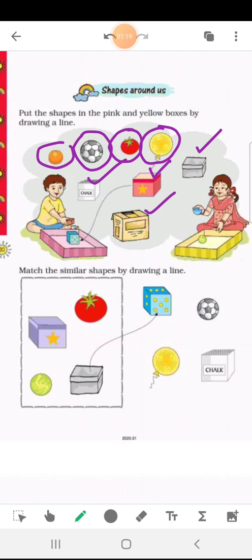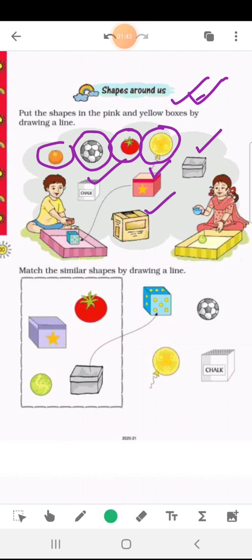If you look at this picture, if you look at the pictures of your book, you can see that two types of shapes are there. One is round and another one is cube. So let us see here what the shapes are and what their names are.